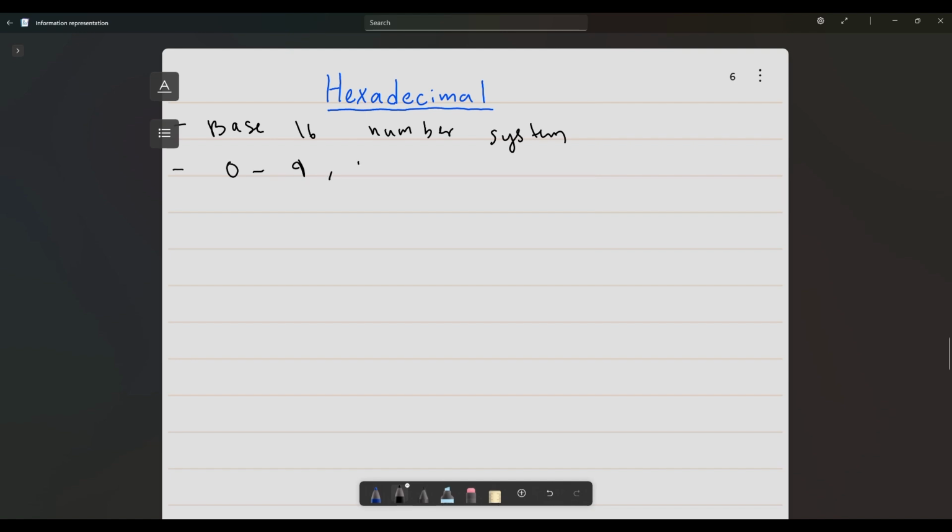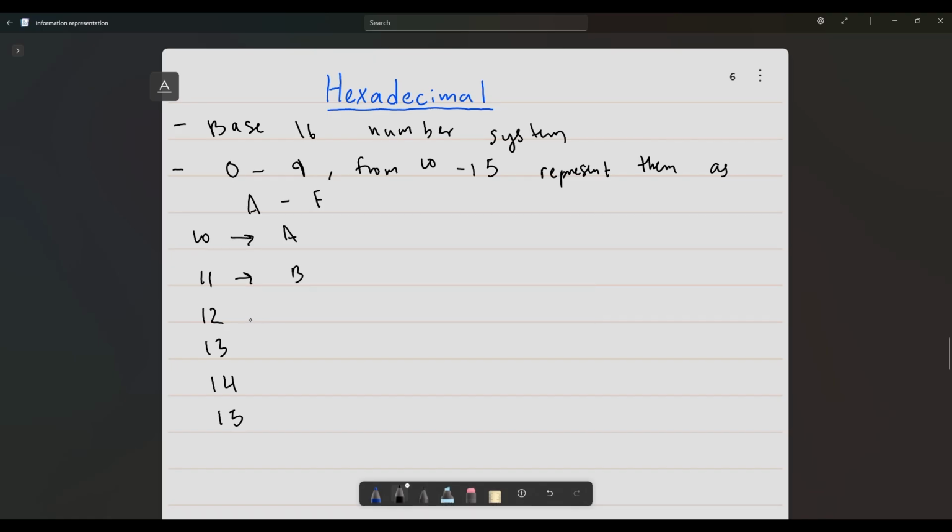From 10 through 15, inclusive, we represent these numbers as A to F. So from 0 to 9, the same old denary numbers, but 10, 11, 12, 13, 14, and 15, we represent as A, B, C, D, E, F. So this is the hexadecimal number system.